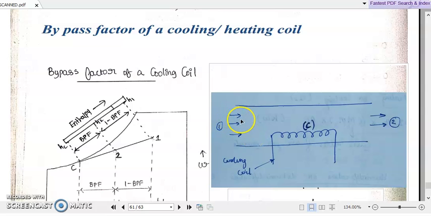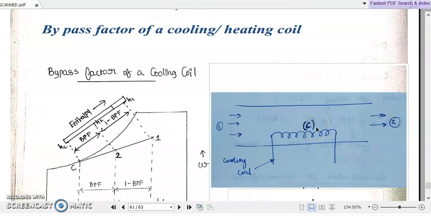When that incoming air is traveling in its path, some of the air molecules which are entering this path at 1 may happen to touch the surface of the cooling coil. Those air molecules which touch the surface of the cooling coil will get cooled down by the very low surface temperature of the cooling coil, and those air molecules alone will have a final very low temperature.